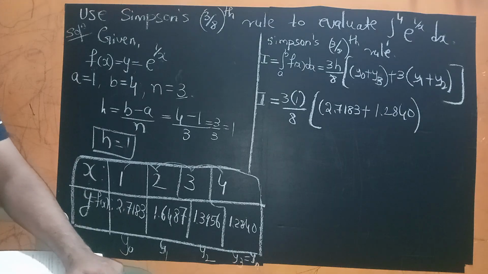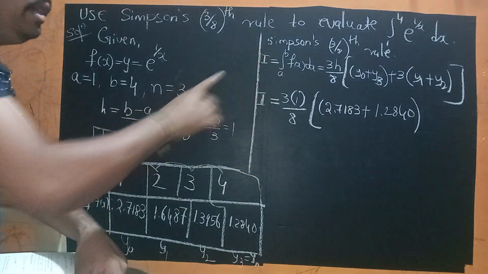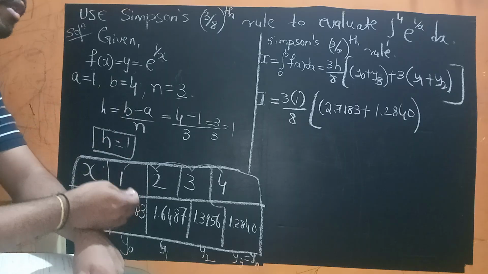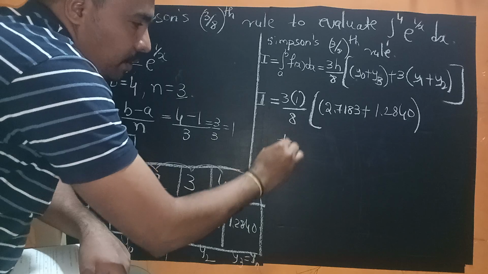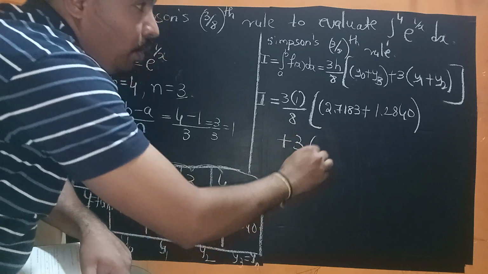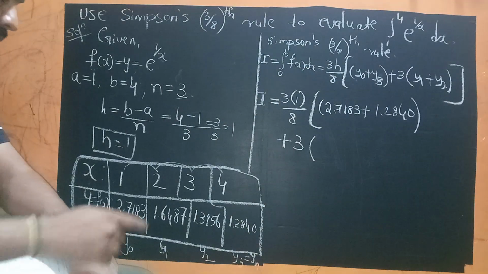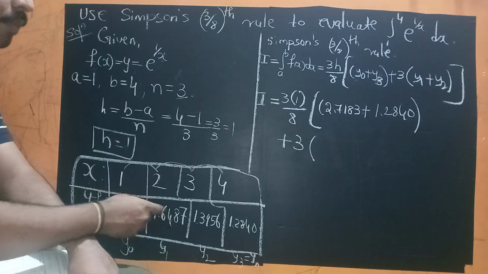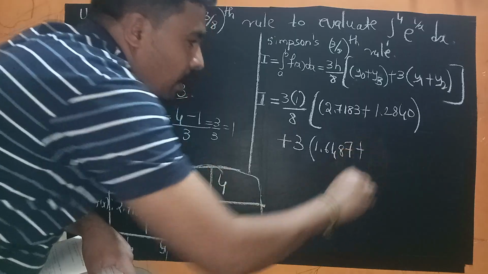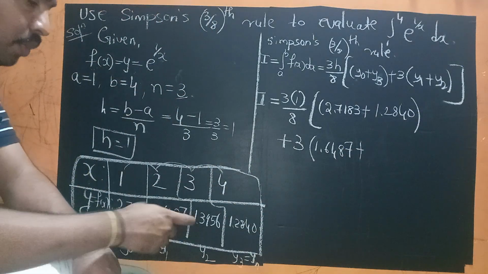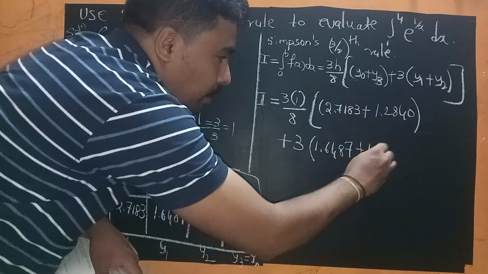This is common for all; y0 plus yn is common for Simpson's 1 by 3 also, and 3 by 8 is also common. Plus 3 into y1 plus y2. The y1 value is 1.6487, plus y2 value 1.3956.